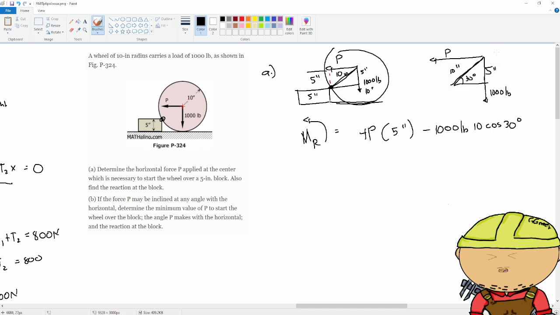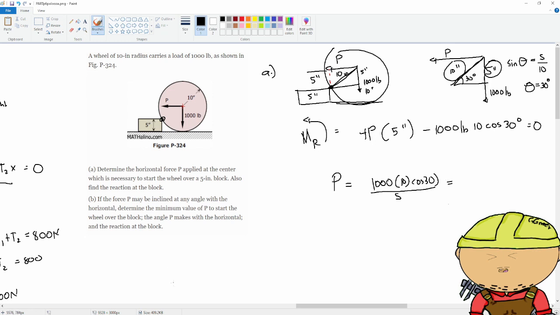Or if we want a formula, sine theta is equal to 5 over 10, opposite over hypotenuse. Theta is equal to 30 degrees, right? Meaning P is equal to 1,000 times 10 times cosine 30 divided by 5.